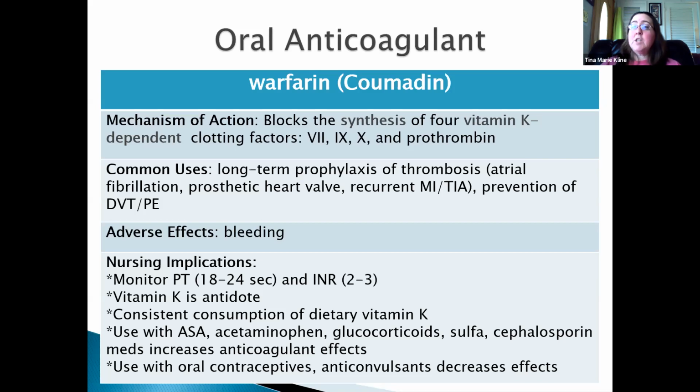So common reasons you might see a patient on warfarin: atrial fibrillation, probably one of the number one reasons, because when the atria are not nicely contracting, when they're just quivering, fibrillating, that blood is sloshing around in there. Very high risk of developing clots that will then move down into the ventricle and get pumped out. From the right ventricle, it gets pumped to the lung and they can have a pulmonary embolism.